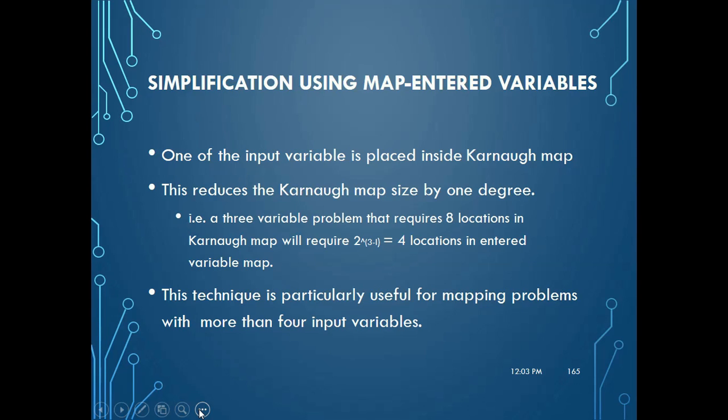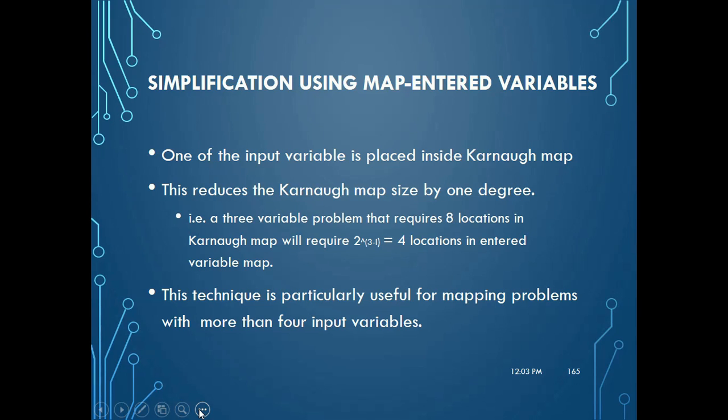So they went for the next method, called Petrick's method. In Petrick's method it was very easy to get the solution within a few steps. We have to apply a few formulas as well as the distributive law, and we were able to get the solutions. We also solved the incompletely specified functions, which included don't care conditions, in the Quine-McCluskey method.